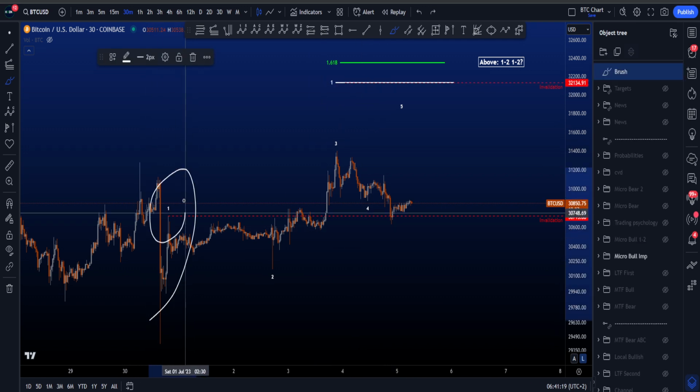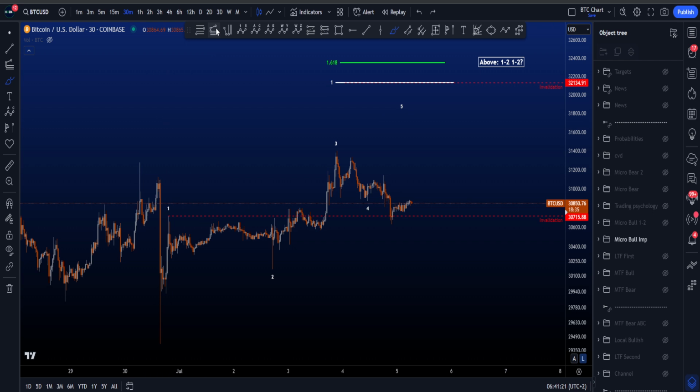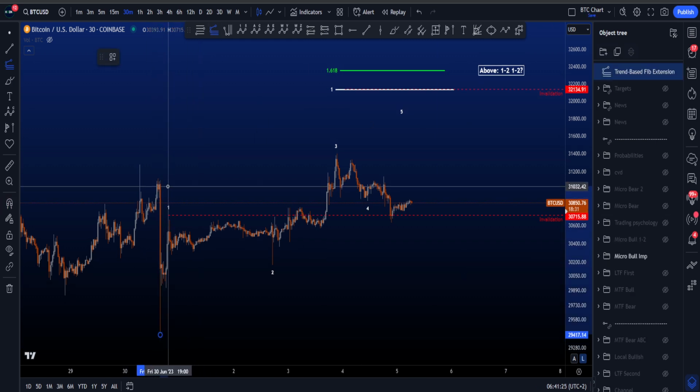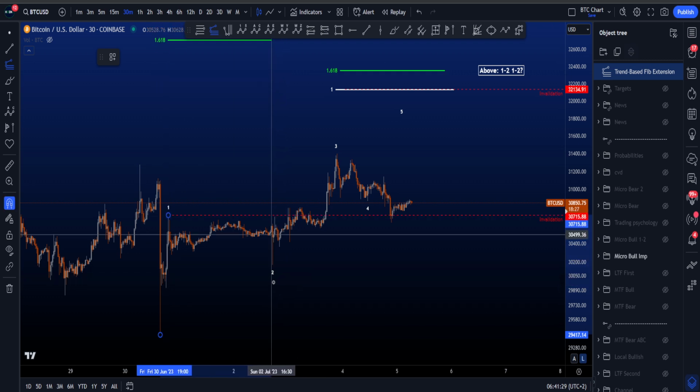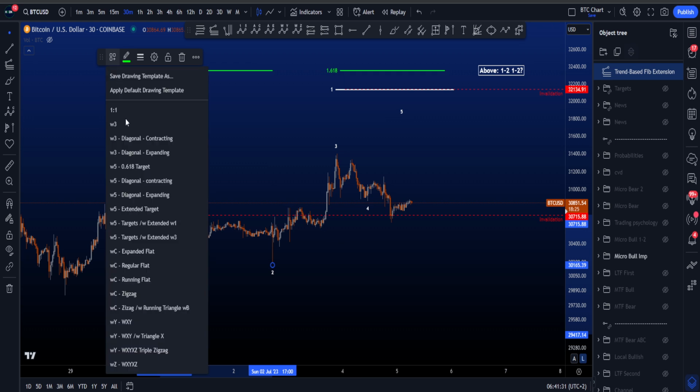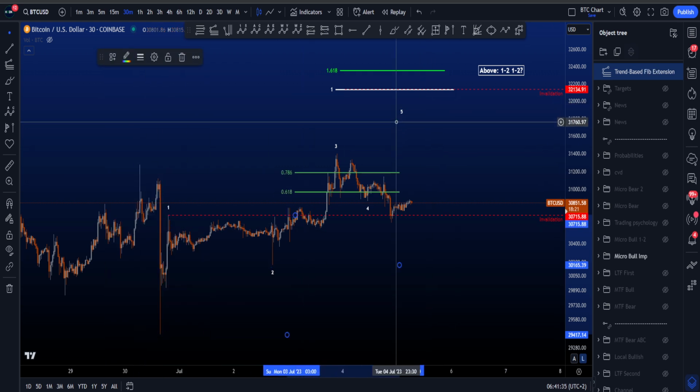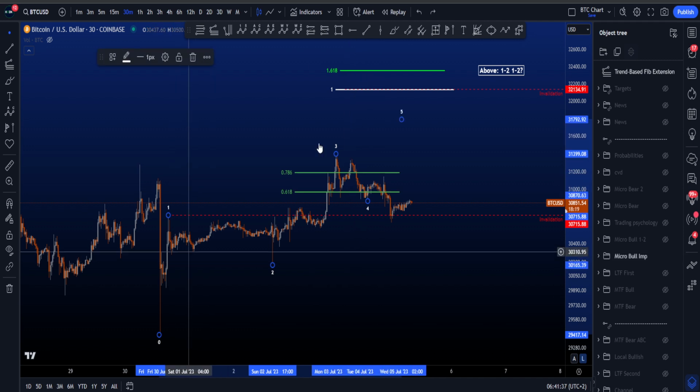Also, an extended wave 1 over here wouldn't really work with the scenario, because if we get an impulse with an extended wave 1, you take a trend-based fib extension from the low of 1 to the high of 1 to the low of 2, and then you toggle on these fibs over here. And this is the target area for a wave 5 if wave 1 is extended.